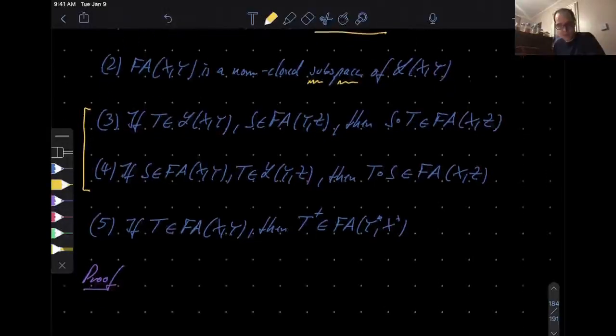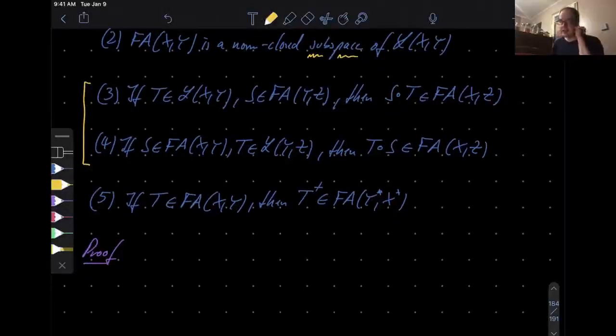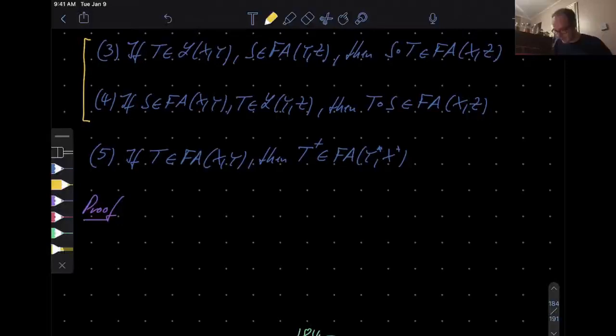And then the fifth property: if T is finite approximable, then the same is true for its dual transformation. Note here I don't write if and only if. That was the case for the compact ones, but I will leave that question probably to the exercises. So you will have to decide whether, if the dual transformation is finite approximable, the original T is also finite approximable. All right? Good, so now let's get started.